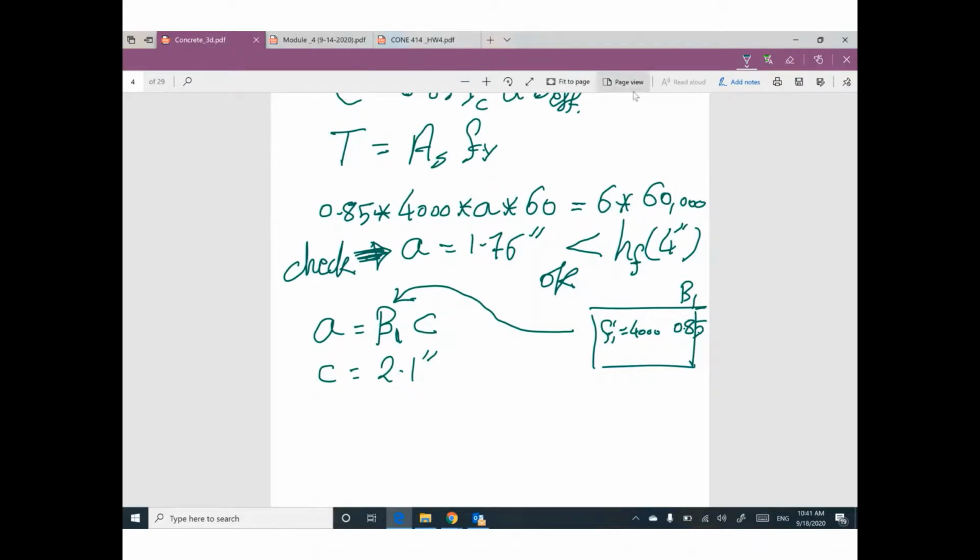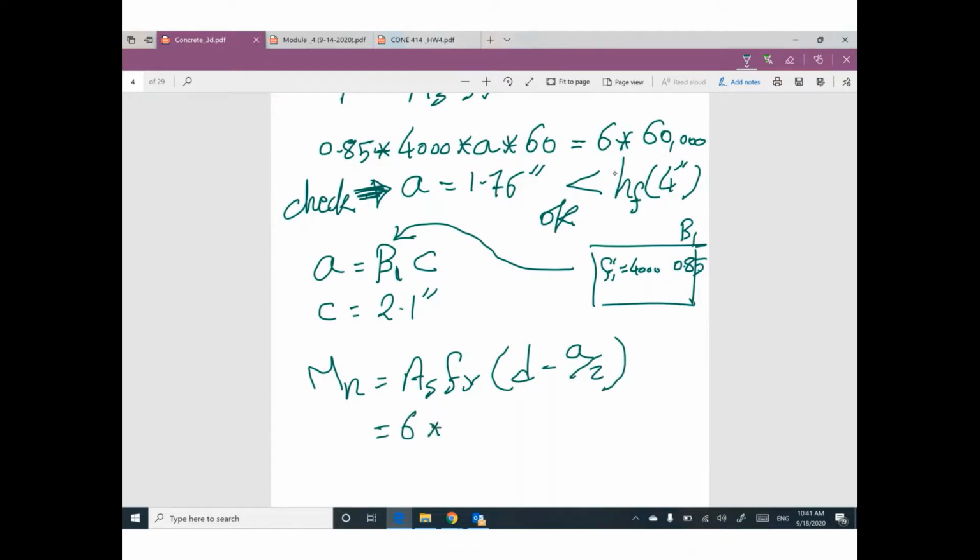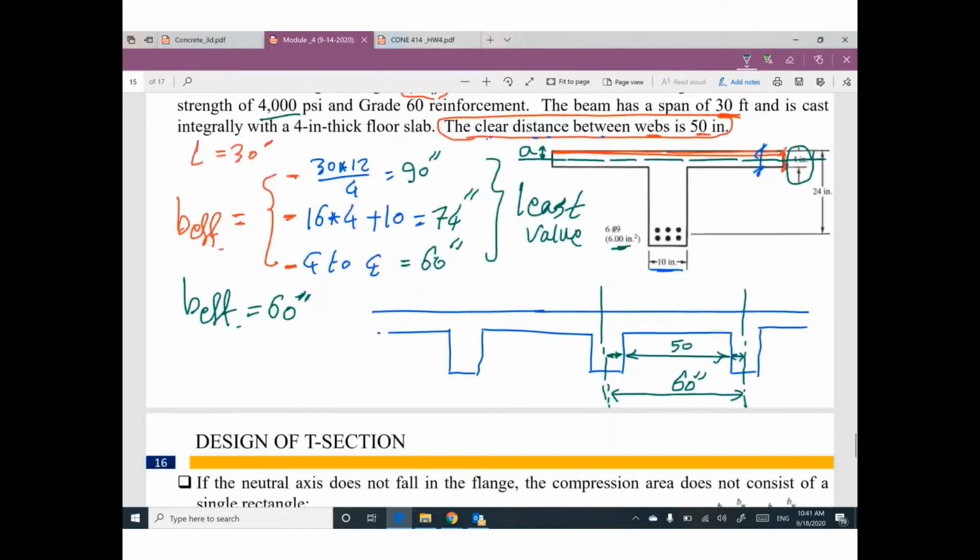Anyway, what is the value of nominal moment? Equal area steel f yield times d minus a divided by 2. Area steel 6 inches square, f yield 60,000. Depth, what is the value of depth? Given 24, depth to the center line of the steel reinforcement.